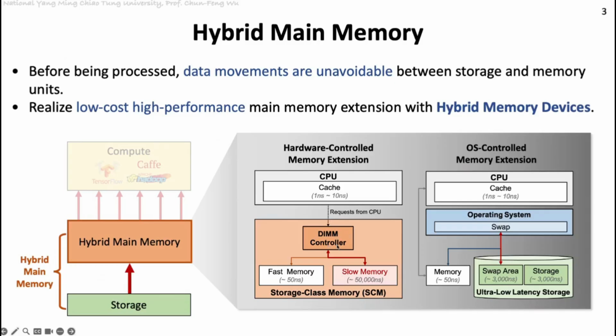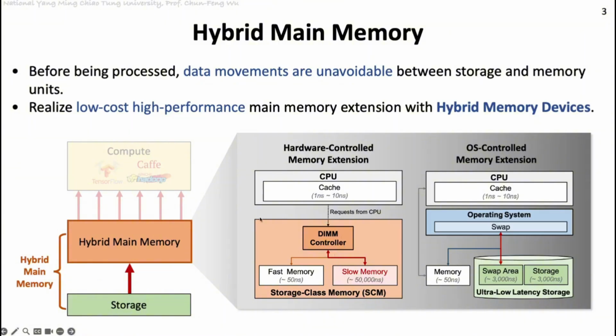This DIMM controller navigates the requests. For example, if the CPU is going to access data from the slow NAND flash memory, the DIMM controller checks where the data is and what the address is, then gets the data and returns it to the CPU.